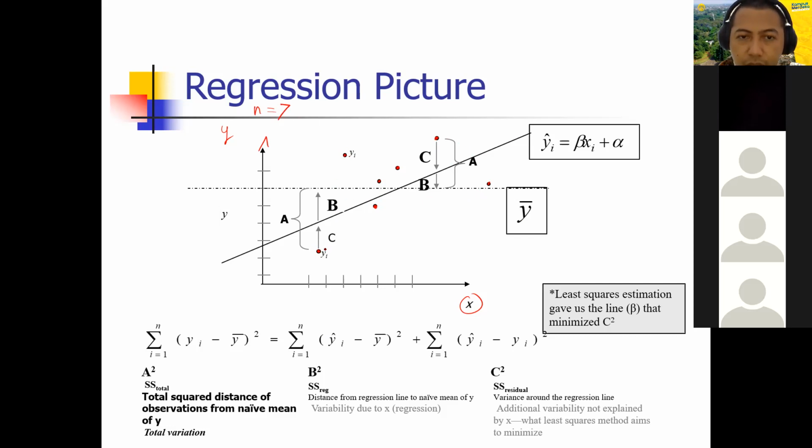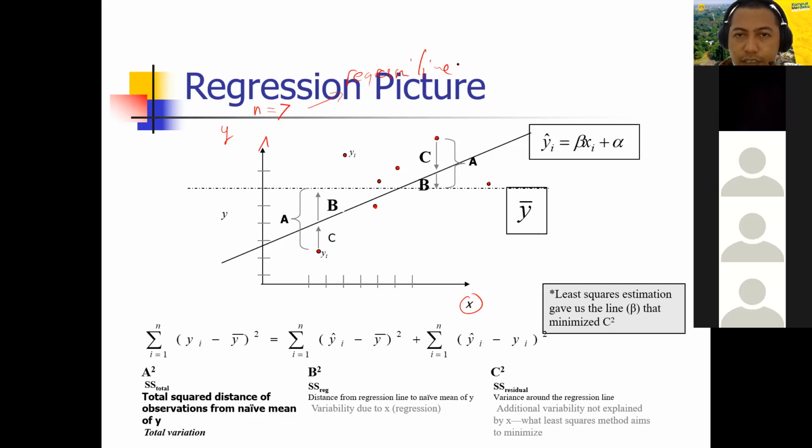So based on the distribution of data in the two-dimensional plane, x and y, you create a regression line.